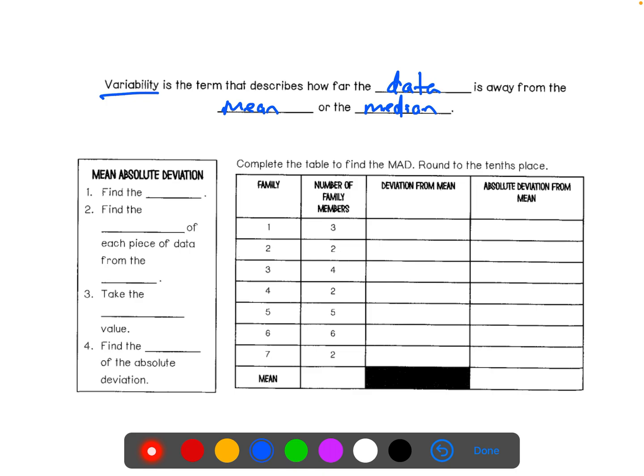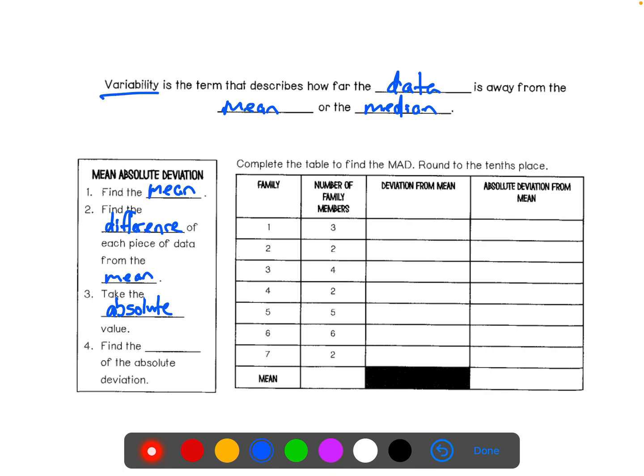So, first thing you're going to do is find the mean. Then we find the difference, or the deviation, of each piece of data from the mean. Okay, then we take the absolute value, which is something that we kind of automatically did when we did the last examples.